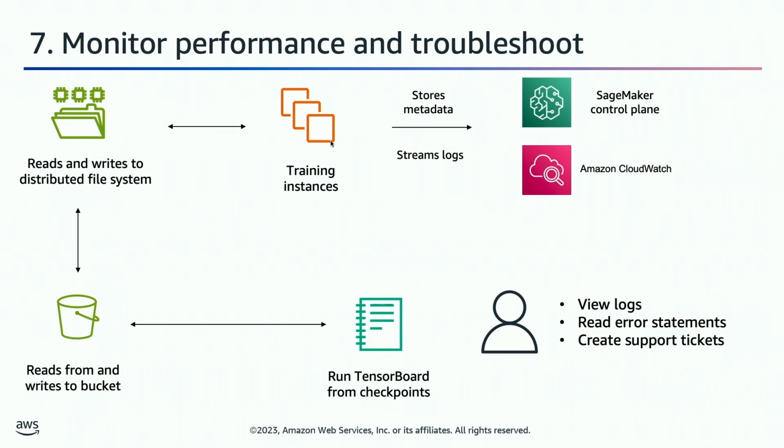And then your training instances are up. They're happy. They're running. They're storing your metadata. They're streaming your logs. And then your training instances are literally reading from and writing to your Lustre distributed file system. So your training instances, again, are connected to this Lustre volume, and you're reading your files, passing your files through mini batches, through your training loop, you're writing checkpoints, and then writing those to Lustre.